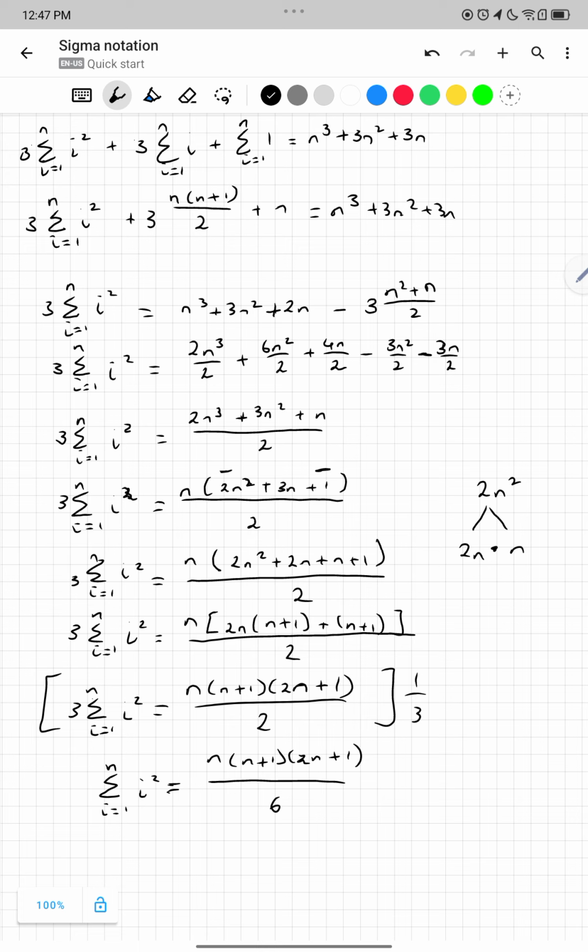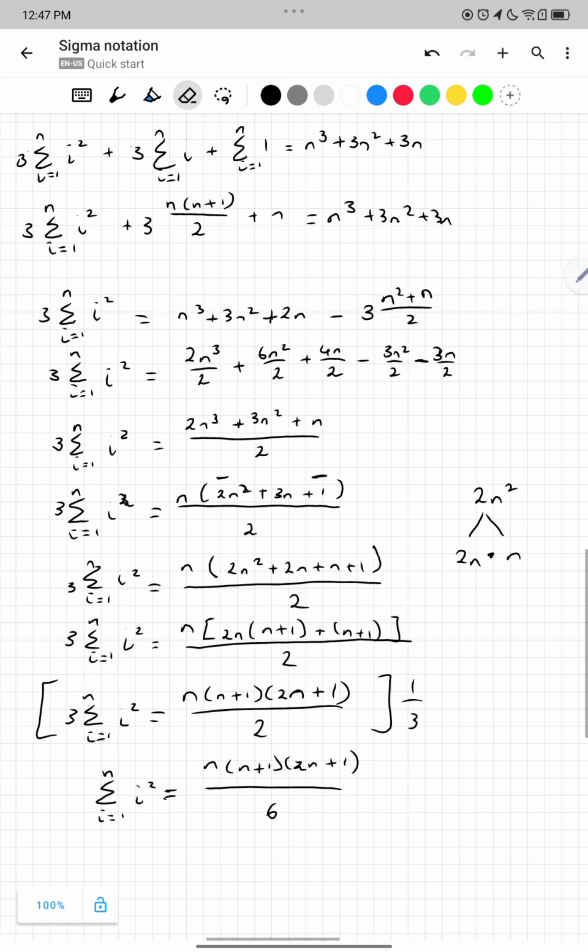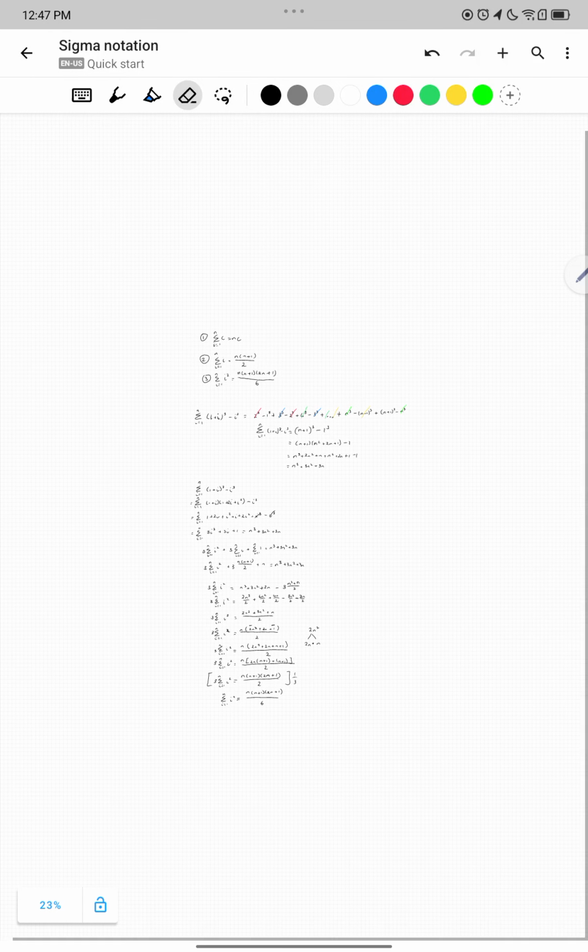And then let's see by induction. So I'm going to erase this now.